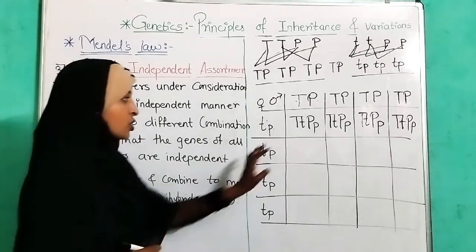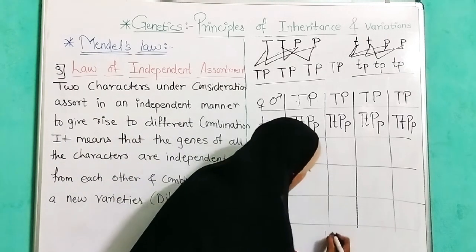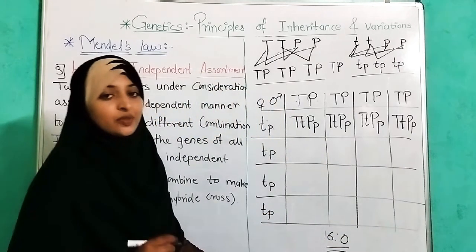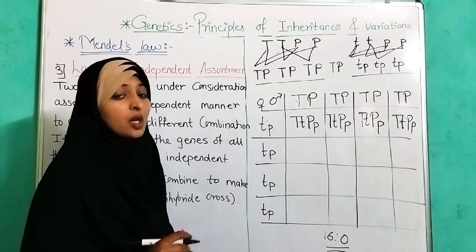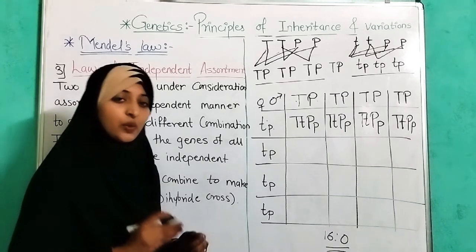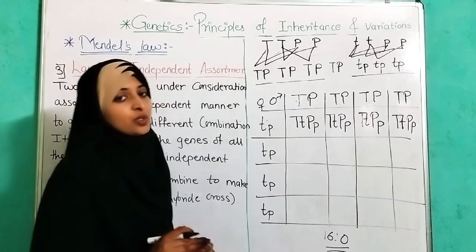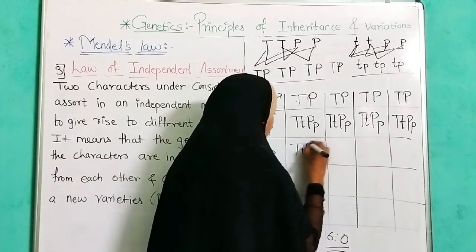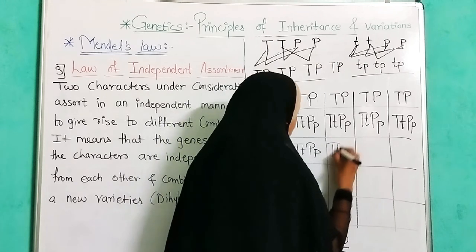So we get the 16 to 0, that is tall plant with purple flower, but the genotypic ratio is heterozygous tall and heterozygous purple flower. So capital T, small t, capital P, small p, same as it is we are going to write here.